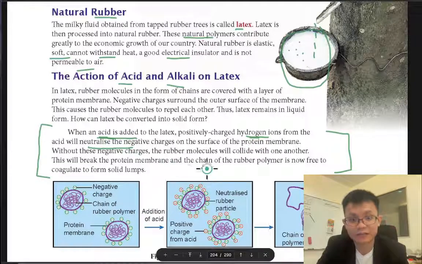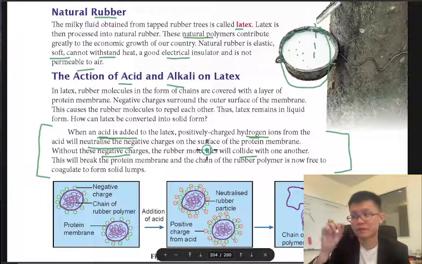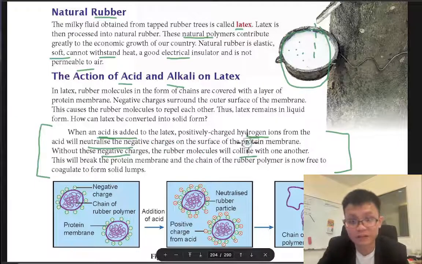To cut the story short, it is very difficult to explain. Okay, without the negative charge, they will collide. Because the acid is positive, it will neutralize it. After you neutralize it, the molecules will start to collide.